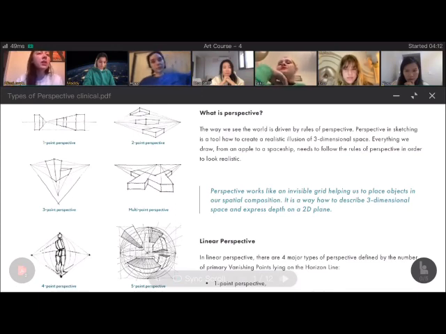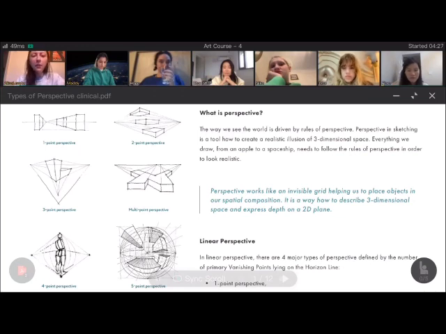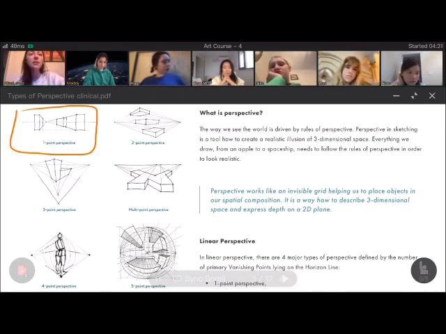Don't worry, we're not going to go into all the detail about each one of them. I'm going to show you only one today, but so you understand better all the perspectives in art, I wanted to share a few. One point perspective, and I will tell you what the point is.